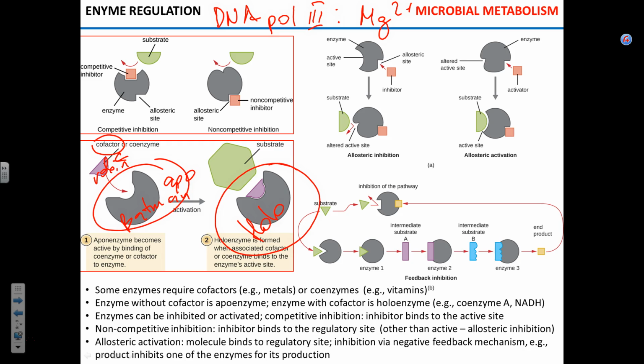So please understand the difference between apoenzyme and holoenzyme. That apoenzyme plus cofactor becomes holoenzyme. And that apoenzyme without the cofactor is pretty much dysfunctional. Okay?